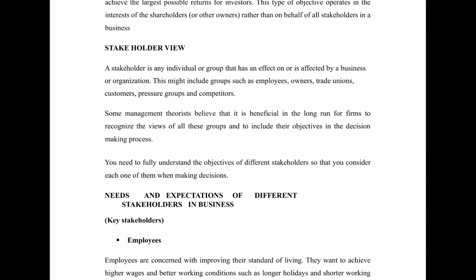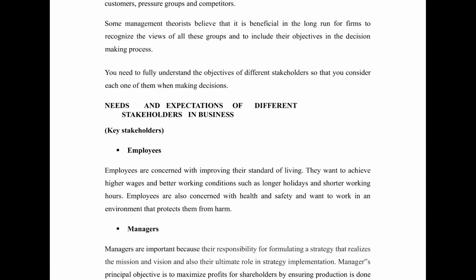Now, according to this theory, some management theorists believe that it is beneficial in the long run for firms to recognize the views of these groups and to include their objectives in the decision-making process.